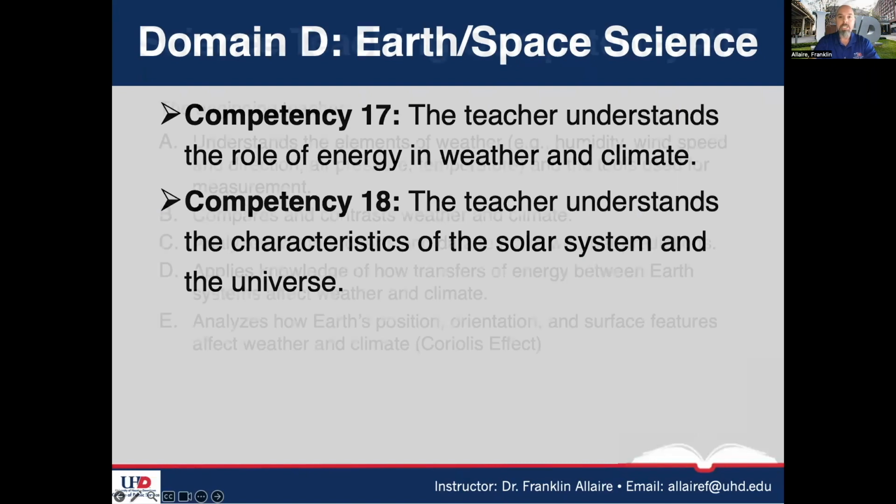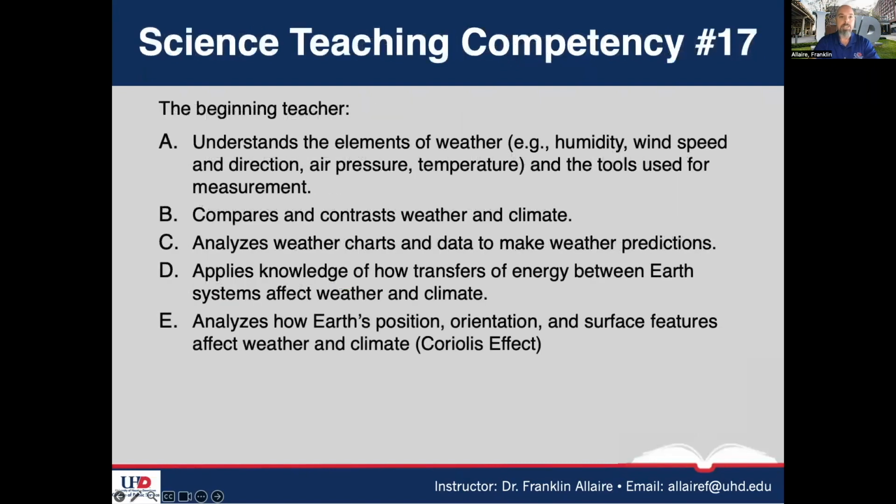The sub-competencies for Science Teaching Competency 17 say, the beginning teacher understands the elements of weather, such as humidity, wind speed and direction, air pressure, temperature, and the tools used for measurement, compares and contrasts weather and climate, analyzes weather charts and data to make weather predictions, applies knowledge of how transfers of energy between Earth systems affect weather and climate, and analyzes how Earth's position, orientation, and surface features affect weather and climate, including the Coriolis effect.